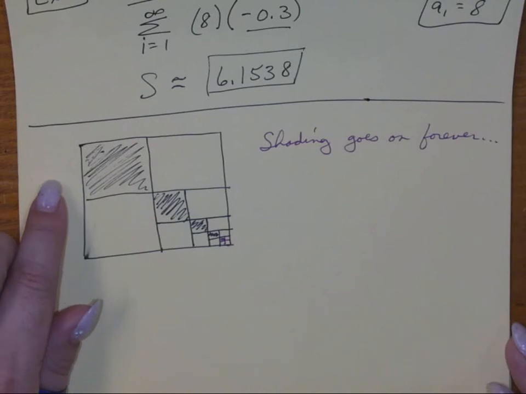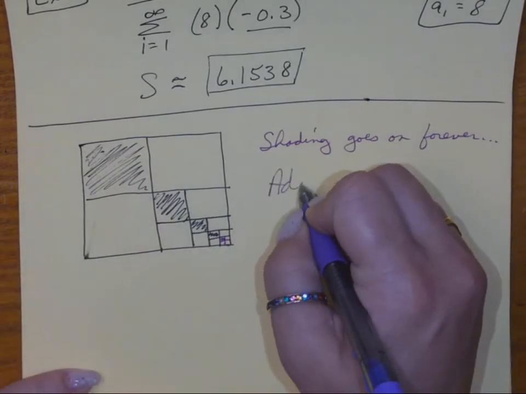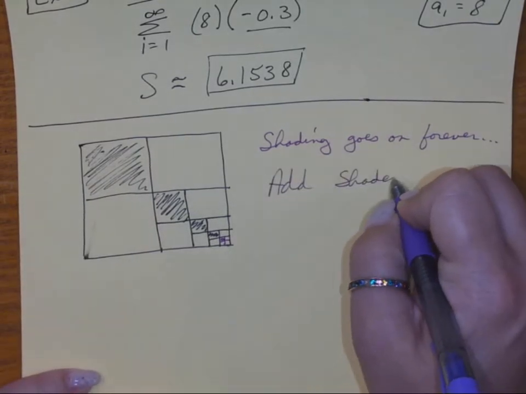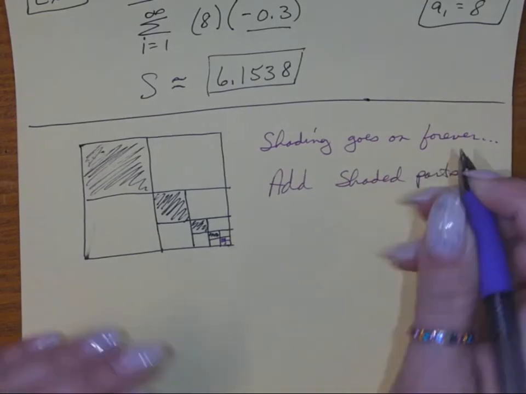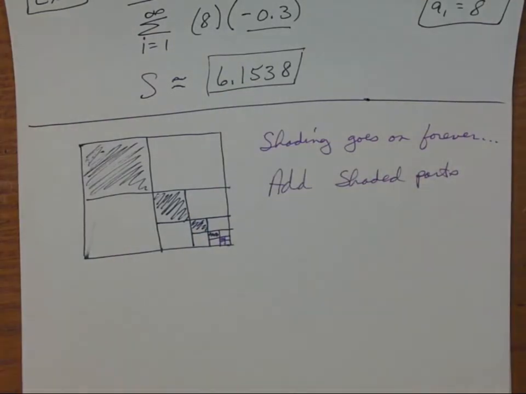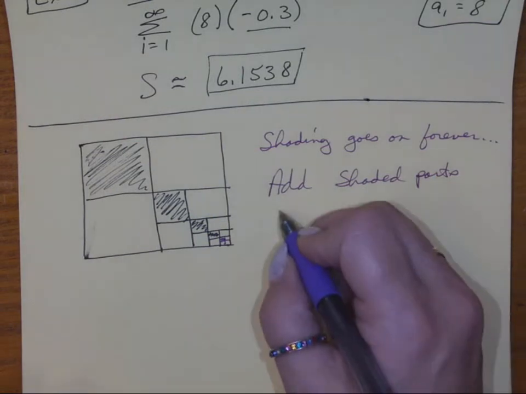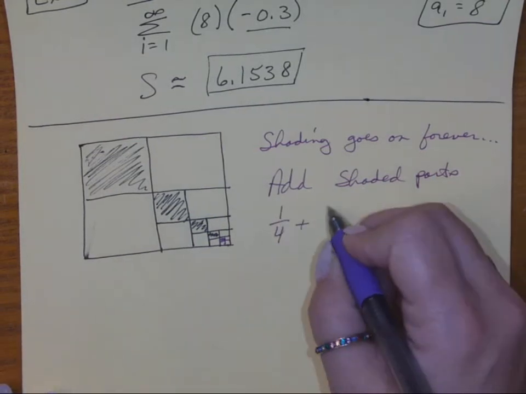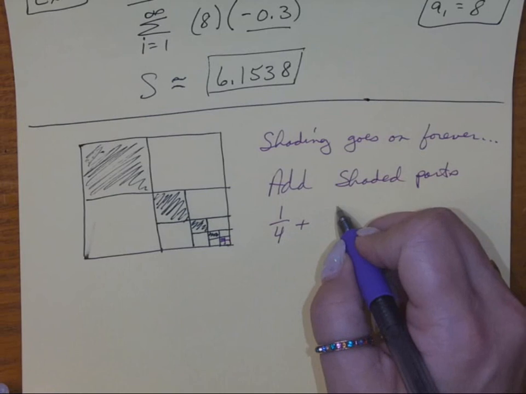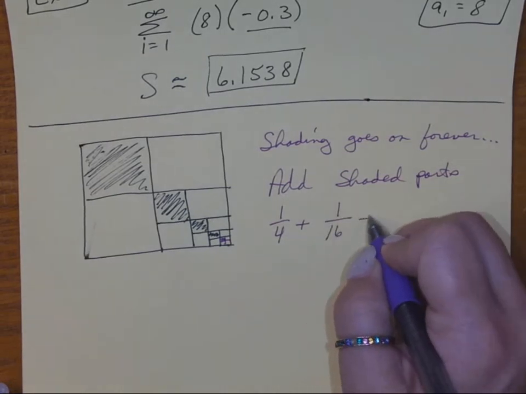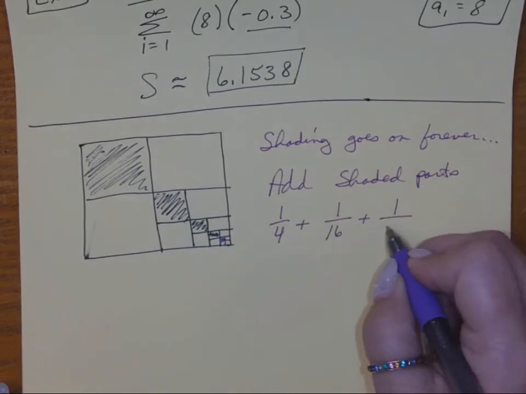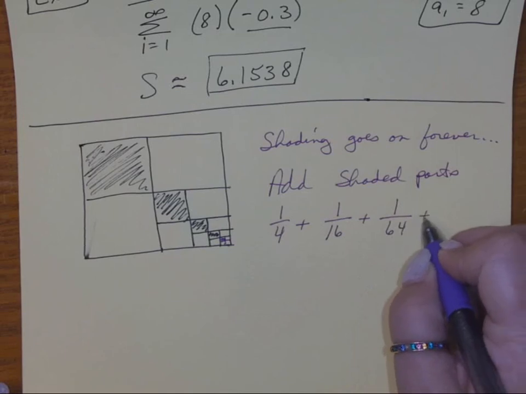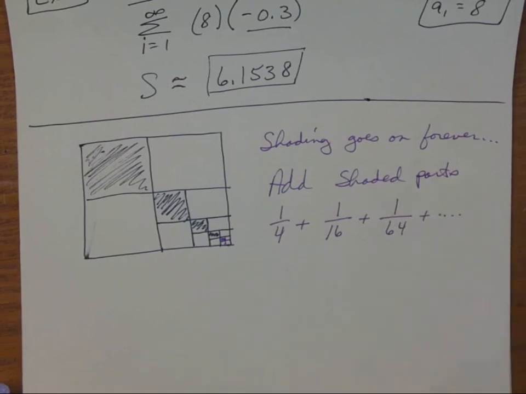So if I add the shaded parts, if we assume that this is a whole entire thing, then that first piece, like I said, was 1/4. And then the next piece was 1/4 of 1/4. Well, we know that's 1/16. And then the next piece is 1/4 of 1/4 of 1/4, so that's 1/64. And dot, dot, dot. So this is actually a geometric series, right?